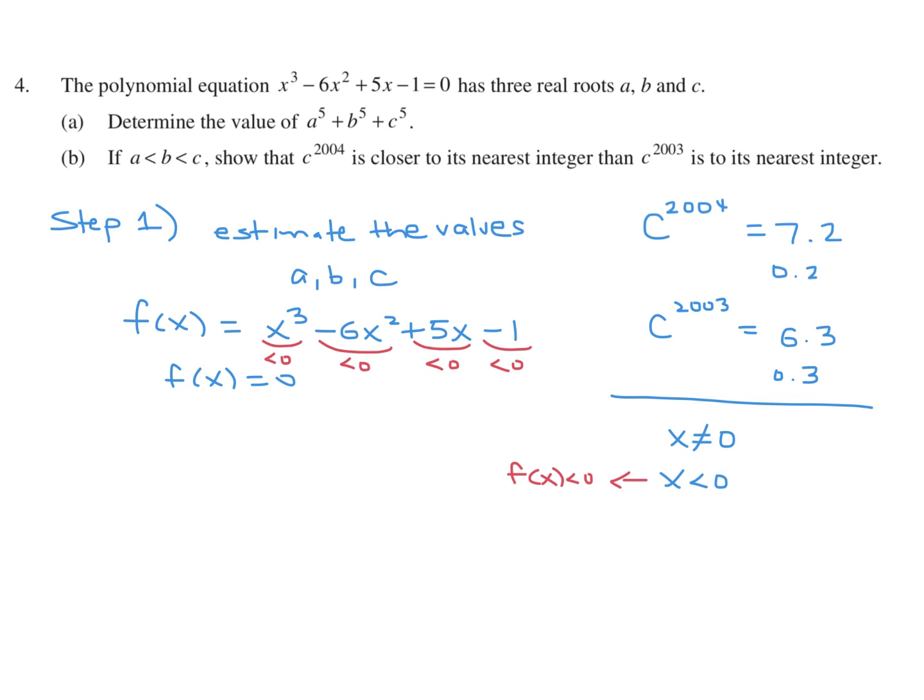So that means that the roots can't be negative. They can't be 0 and they can't be negative. So x has to be greater than 0 in order for it to be a root. That's the only way you will ever be able to make f at x equal to 0. So we conclude here that a, b, and c, which are the roots, are positive.